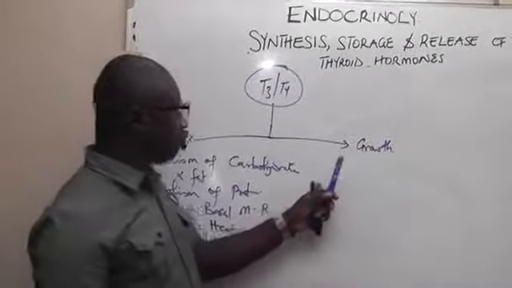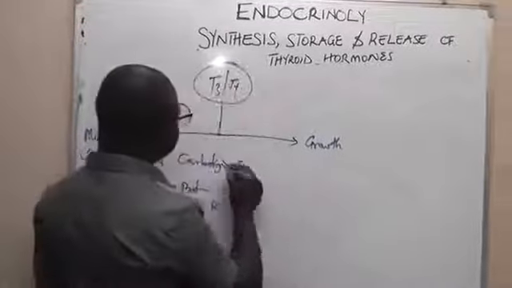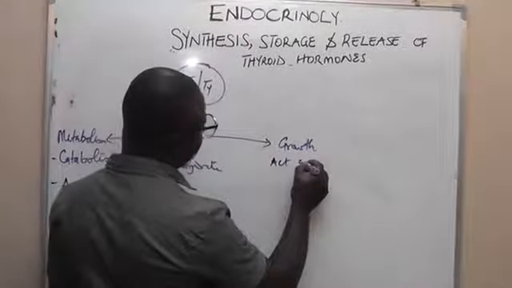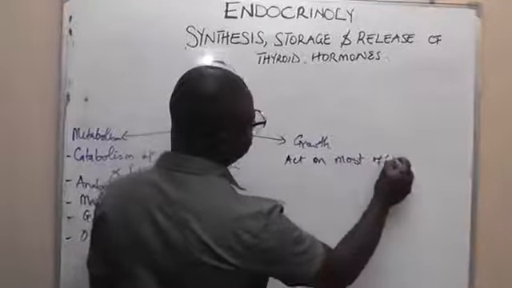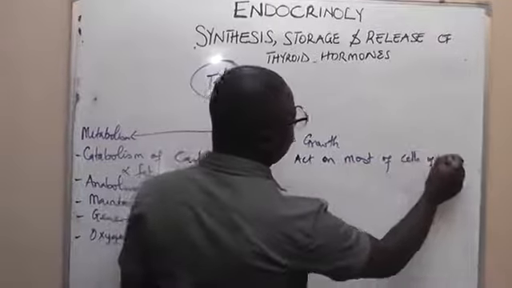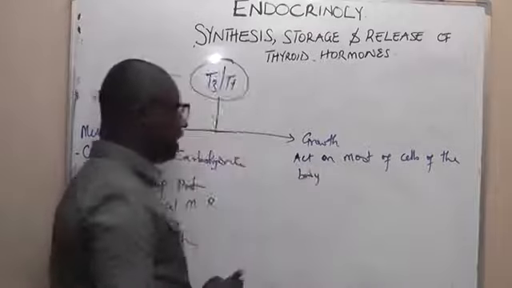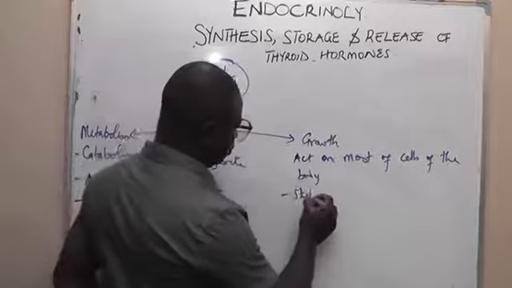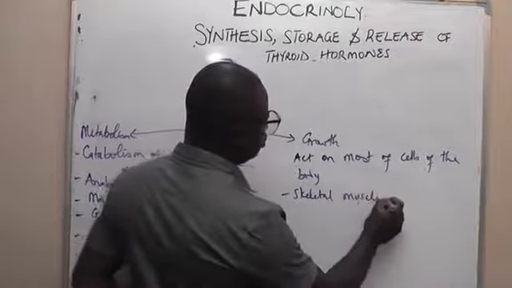Now, for growth, this T3 and T4 act on most cells of the body. They act on what? On most cells of the body. Now, but particularly they act on skeletal muscle and bones.